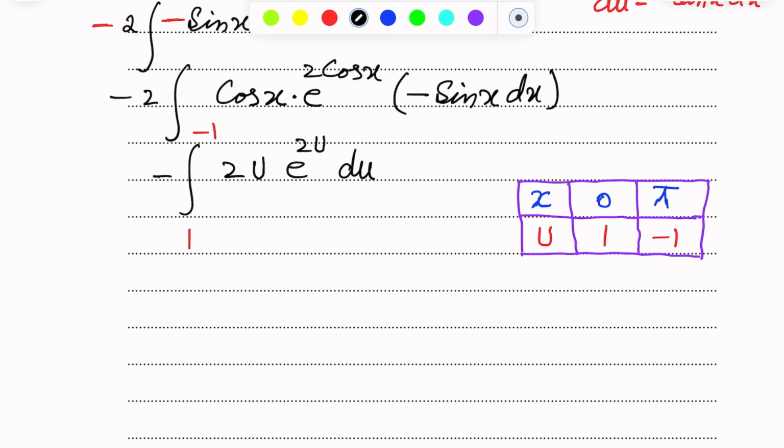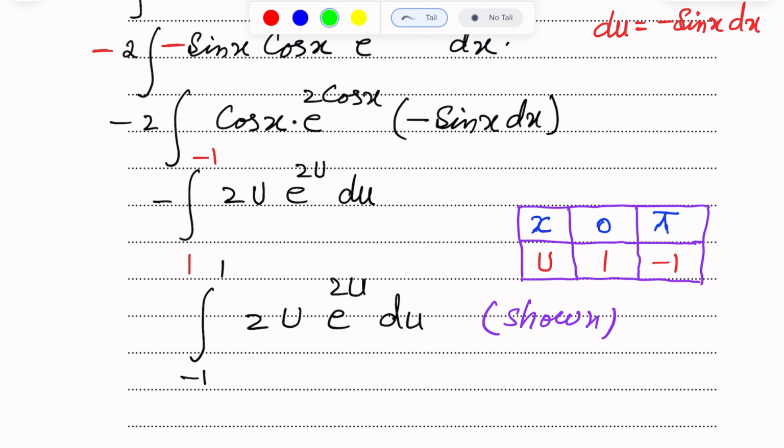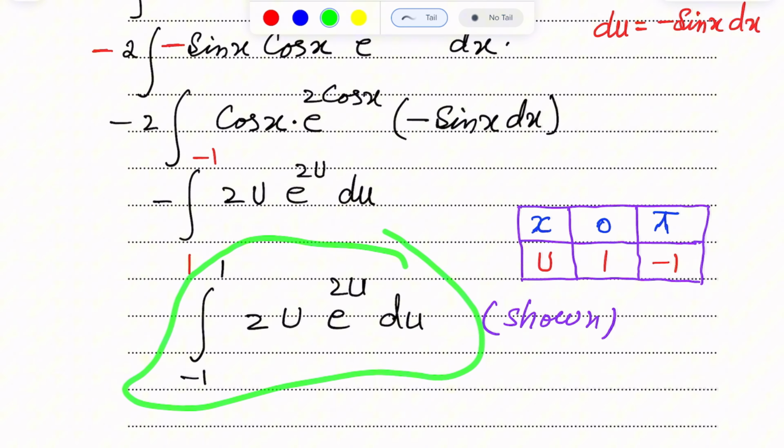Then this negative sign becomes positive and the limit will be changed. So we get finally the integral from minus 1 to 1 of 2u e power 2u with respect to u. We have shown this. This is the answer.